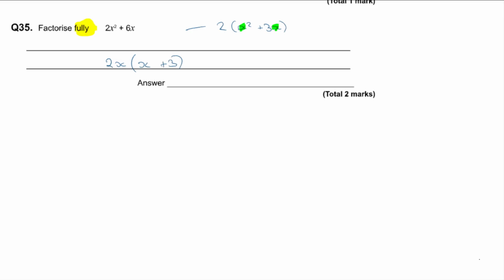So it's not fully factorised, it's only partially factorised. And if you brought the x out and had 2x plus 6 inside your bracket, then this 2 and this 6 have got 2 in common, so it's only partially factorised. Both those versions would be worth 1 mark. This fully factorised version would be worth 2.